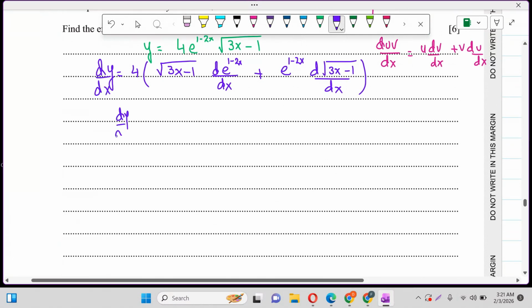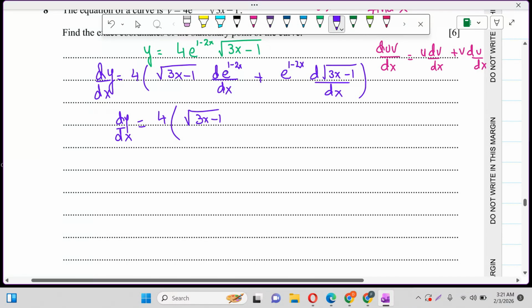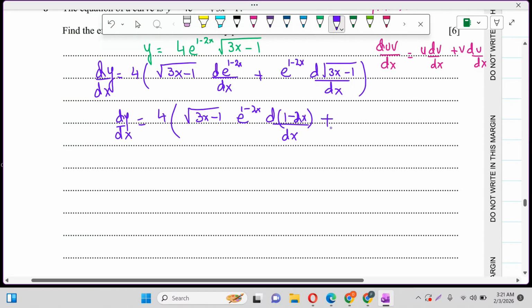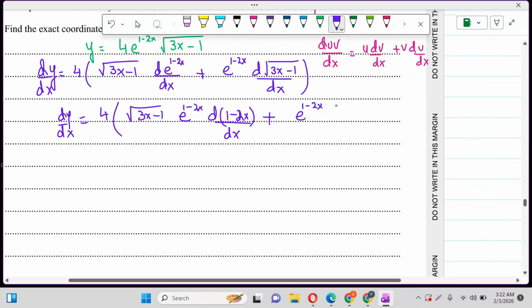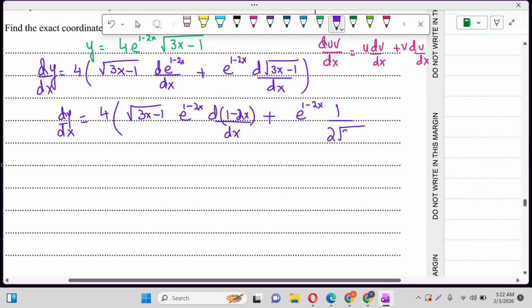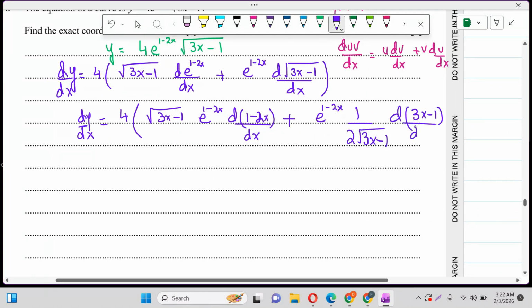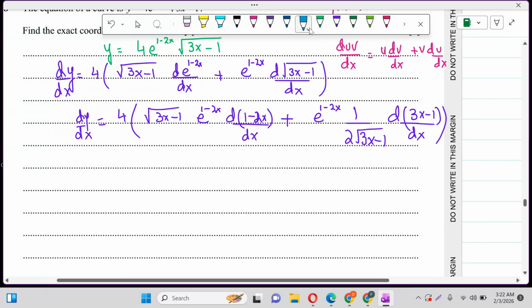dy/dx equals 4 times [√(3x - 1) remains the same. The derivative of the exponential term remains the same, which is exponential of (1 - 2x), and the derivative of the power, which is the derivative of (1 - 2x) with respect to x, plus exponential of (1 - 2x) remains the same. Now the derivative of the square root is 1 over 2√(3x - 1), and the derivative of 3x - 1 with respect to x].